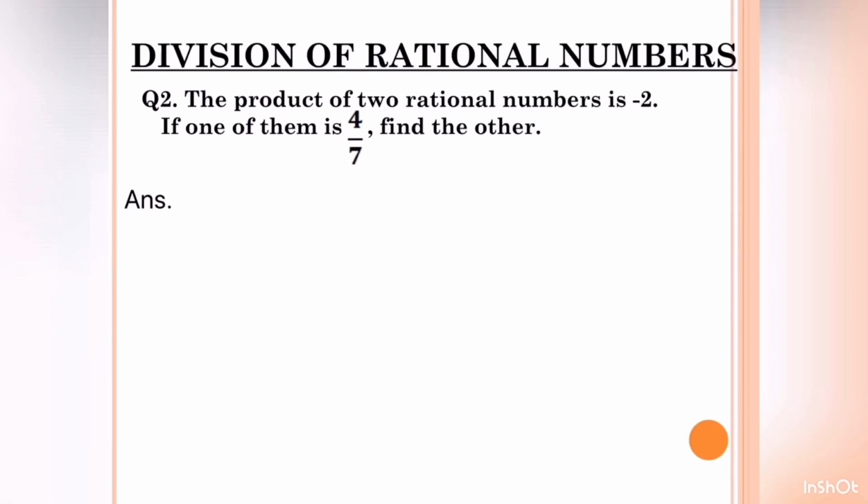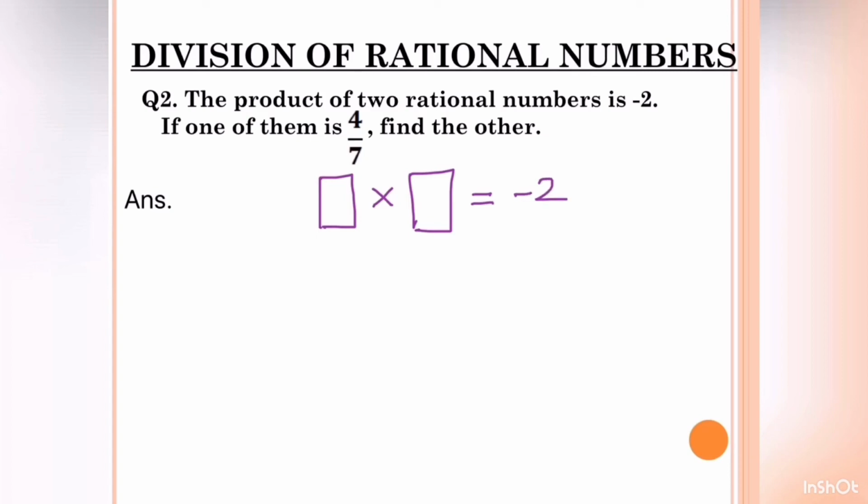Second question. The product of two rational numbers is minus 2. If one of them is 4 by 7, find the other. First, let's understand the question. If we multiply two rational numbers, the product is equal to minus 2.